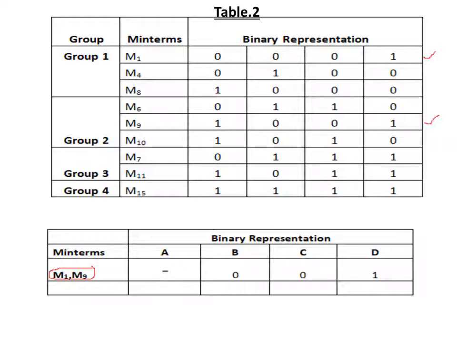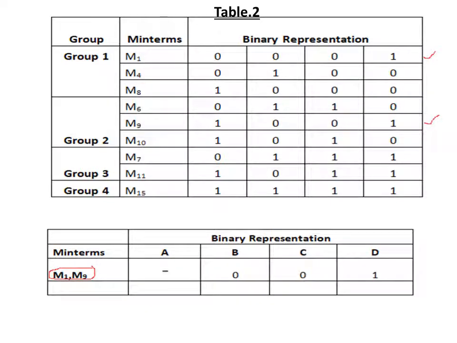So we write a dash in A, and B, C, D we write as they are. Now 1 and 9 are combined, and we write it here. So these two combinations are checked here. Similarly, we find the single bit change from group 1 and group 2 for all the combinations.